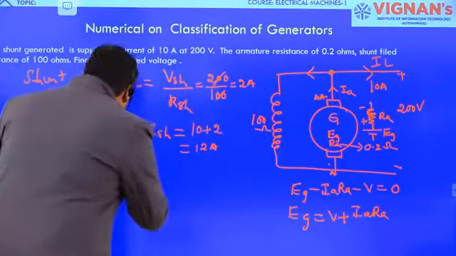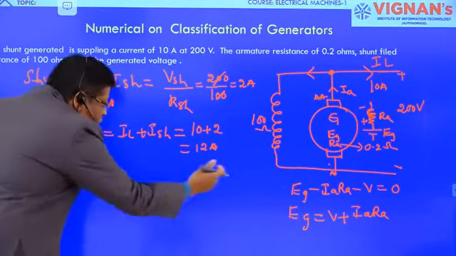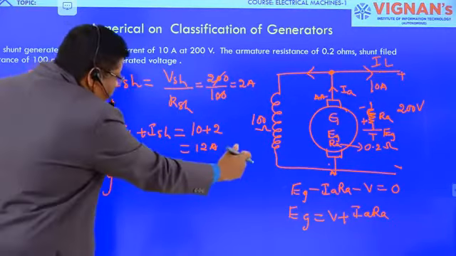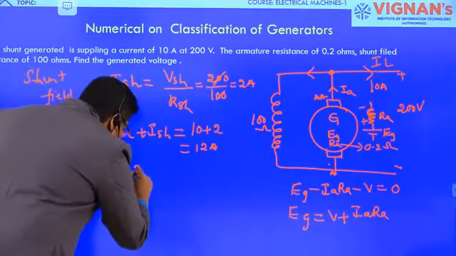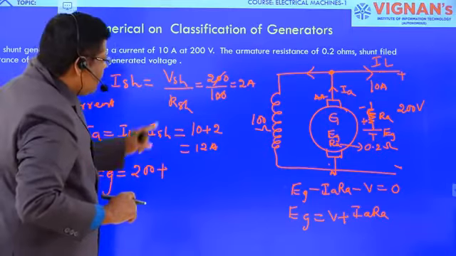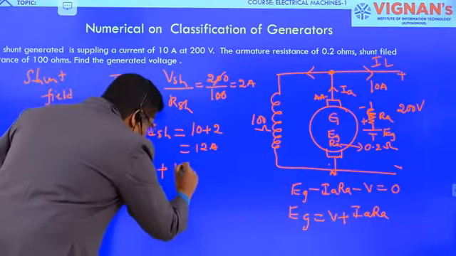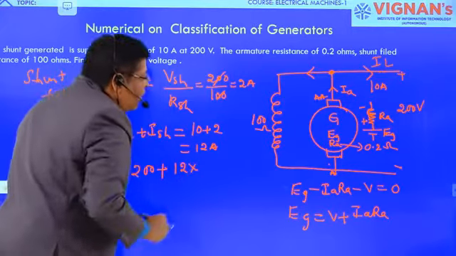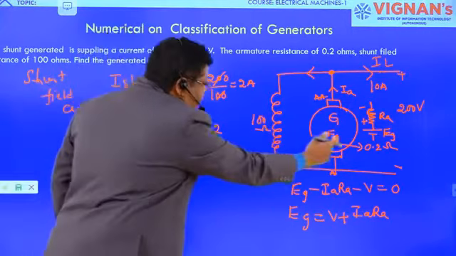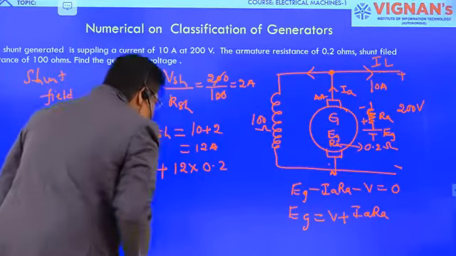Now the generated voltage is equal to, we know the formula, V plus IA RA. Substituting the values, 200 plus IA 12 amperes, 12 into the armature resistance, that is given as 0.2 ohms.